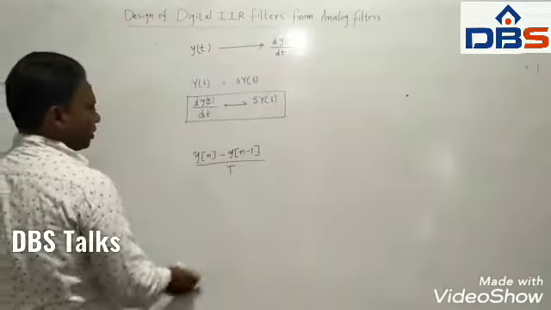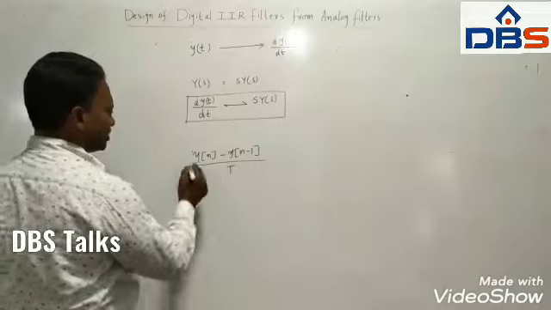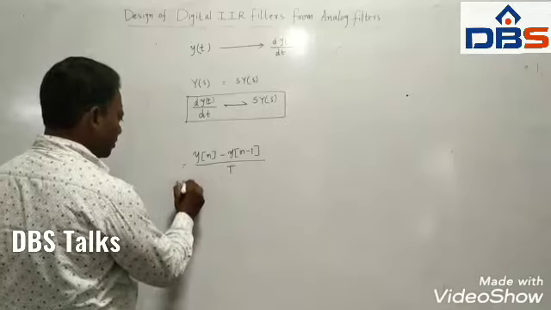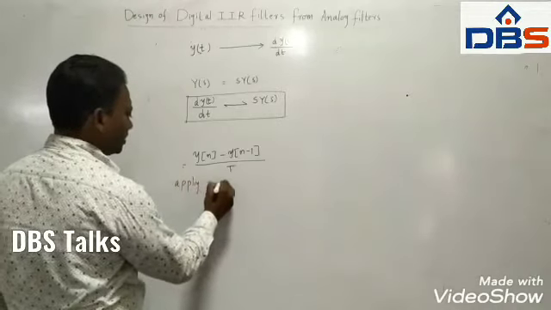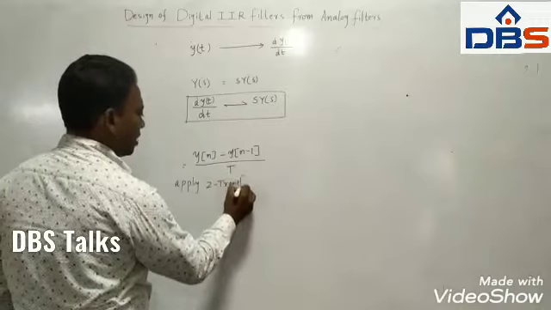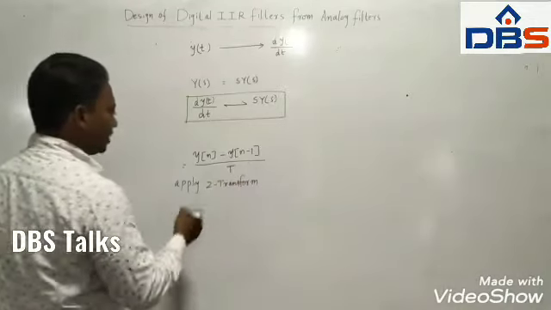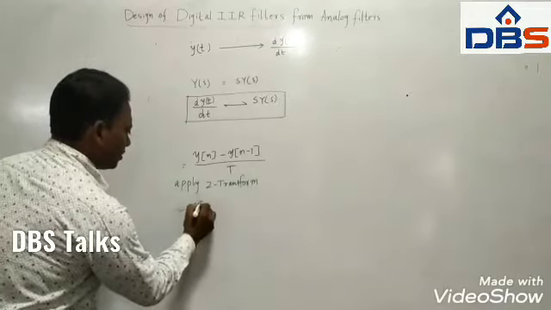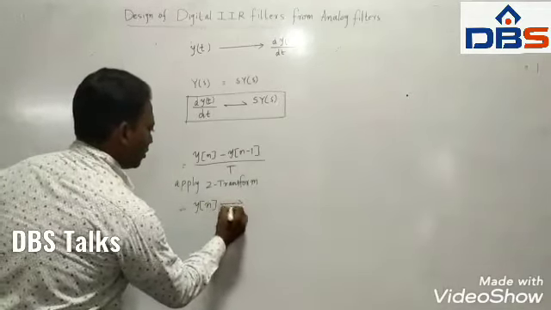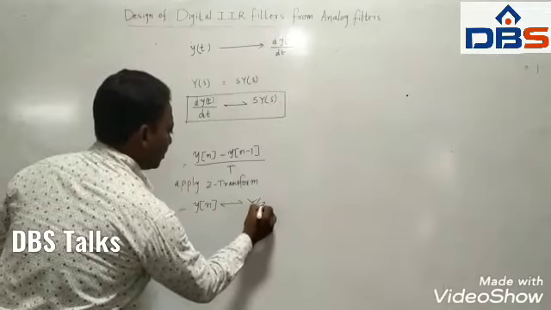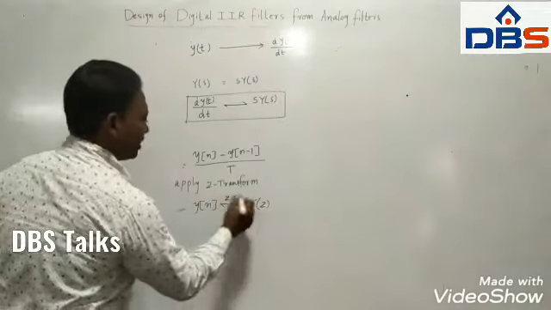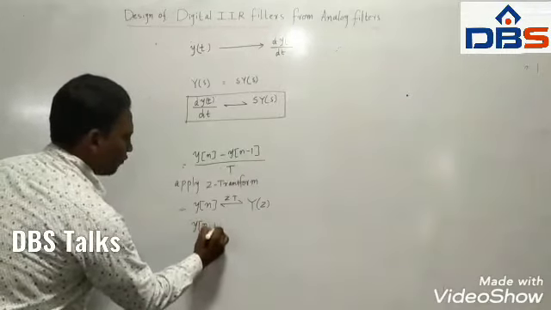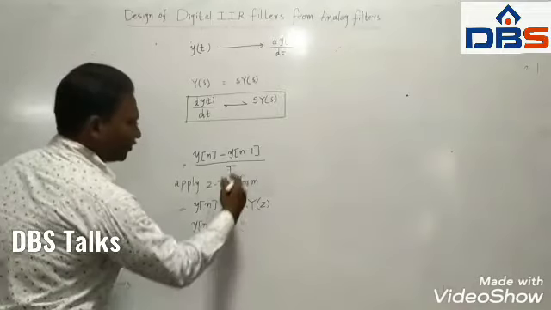Now if you observe this function and apply the Z transform on the above equation, we know that y(n) and Y(z) are a Z transform pair, and y(n minus 1) is a shifted sequence.